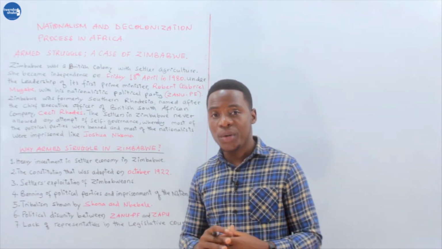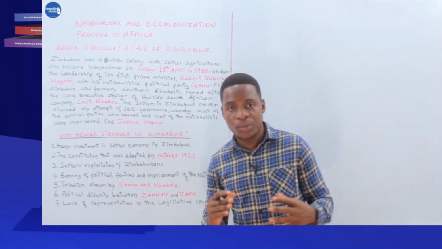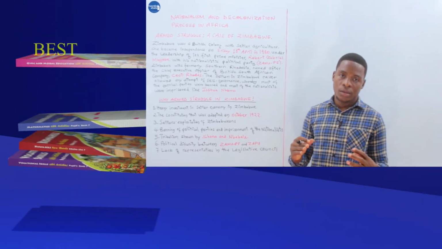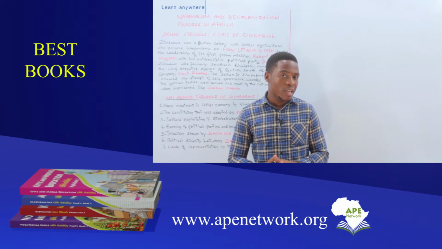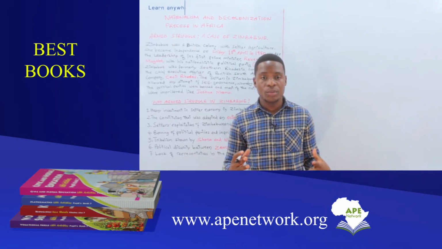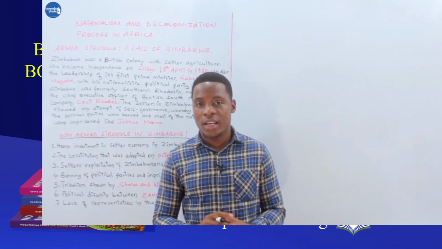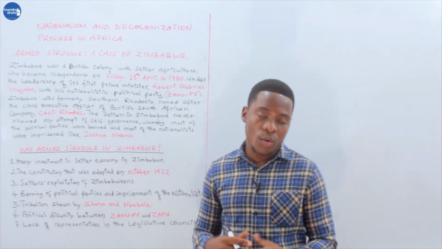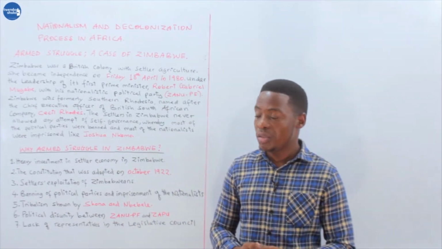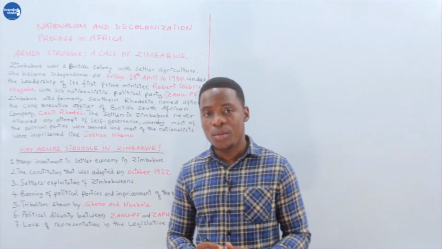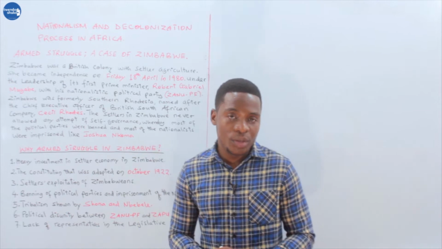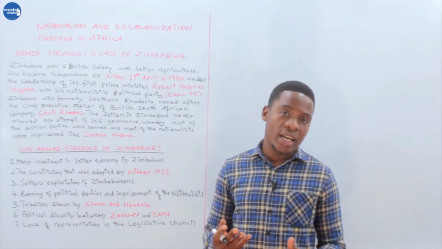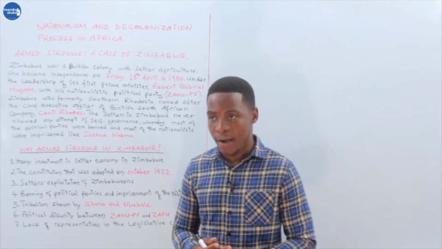As I have explained before, when I was explaining the forms of decolonization processes in Africa, I mentioned four forms. The first one was through peaceful or constitutional means, and good examples of countries that attained independence this way are Tanganyika and Ghana.